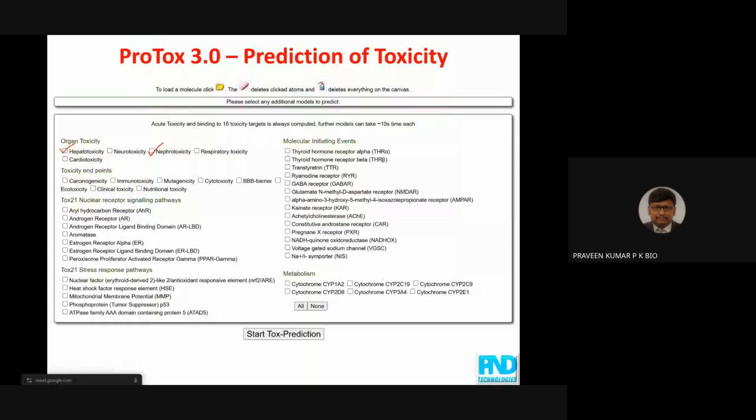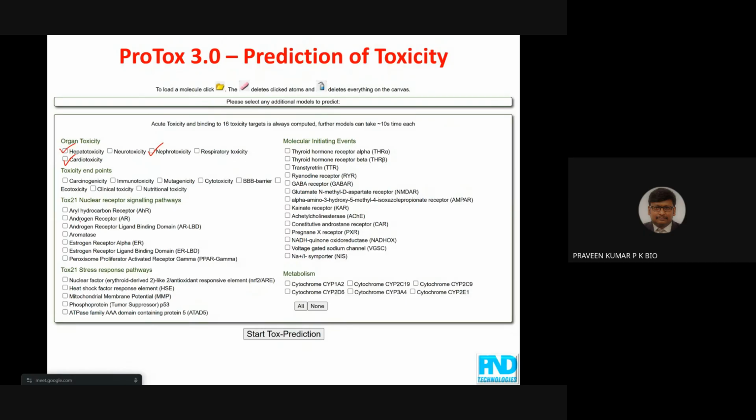So whatever drugs you design for hepatic properties, we should assess nephrotoxicity and cardiotoxicity too. These are the default things we have to select. But nowadays a few drugs also give respiratory toxicity, so we can select this also if we need.